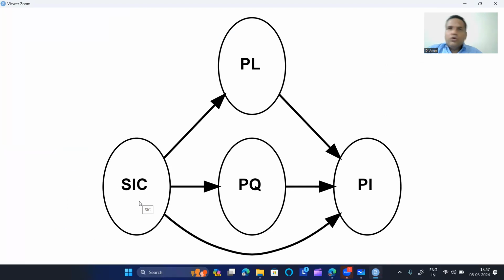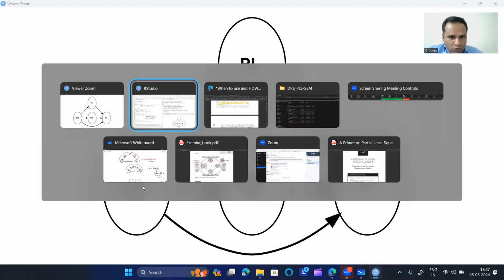So whenever you are working with a formatively measured model, at the questionnaire stage itself, you need to include one item in your questionnaire which should capture the essence of the formatively measured construct. That is known as the global item.